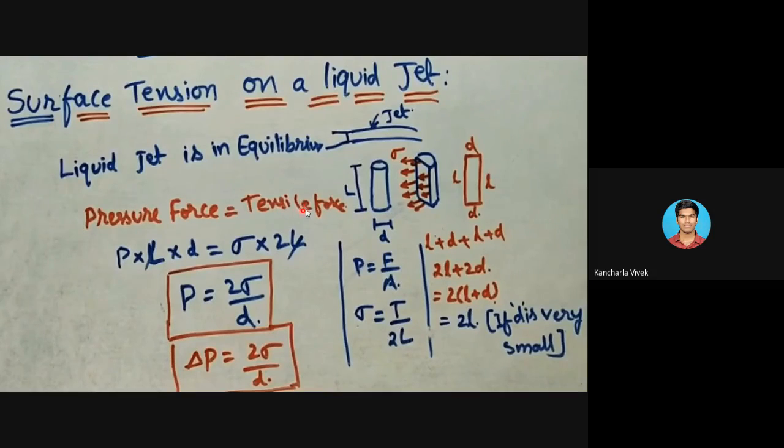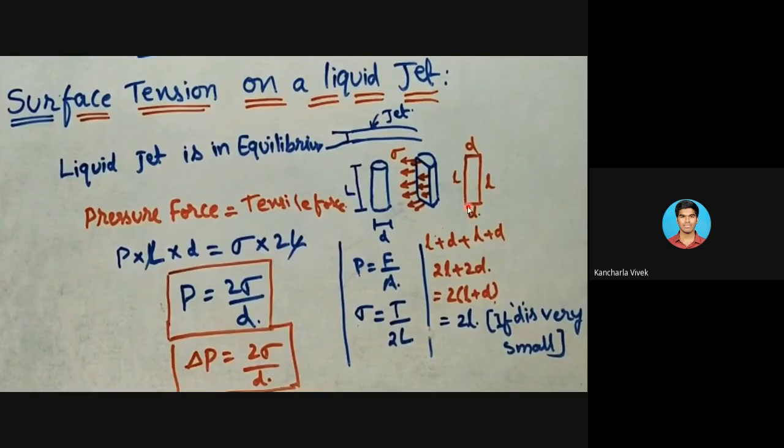While we go for the tensile force, what happens? Surface tension acts over both the faces. In the case of tensile force, since the diameter is very small, we neglect it here.